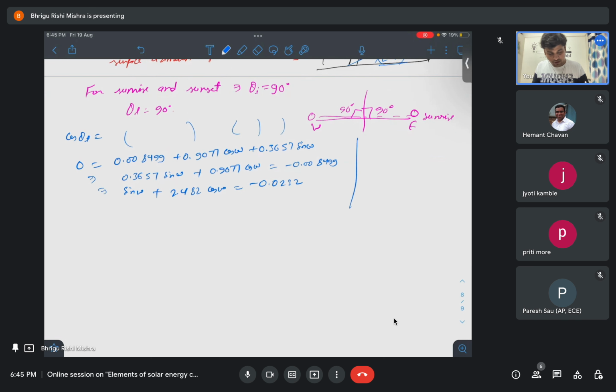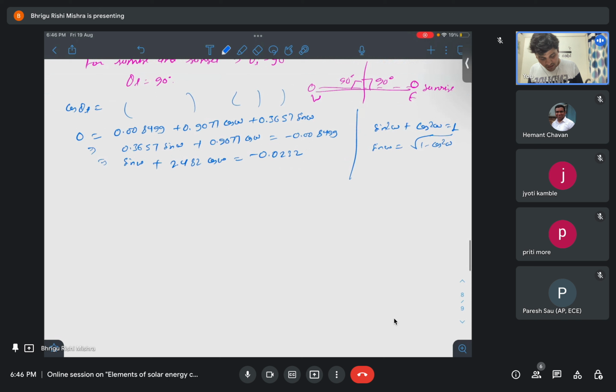Now we also know that sin square omega plus cos square omega equals 1. So I can write sin omega as root of 1 minus cos square omega, and take all the other terms to the other side: minus 0.0232 minus 2.482 cos omega. Square both sides.